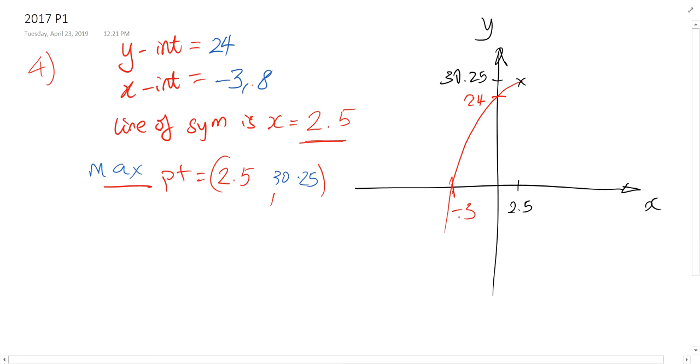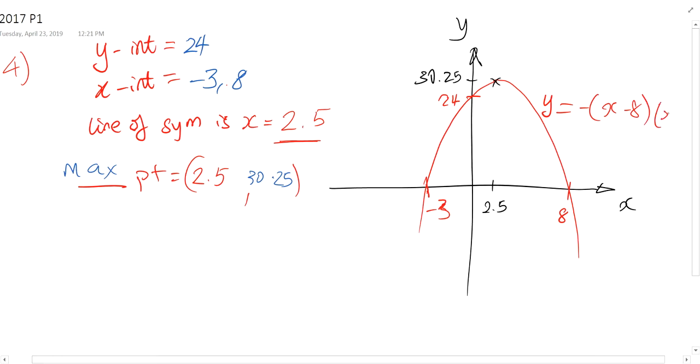Okay, so the other side, draw it as symmetrical as you can. So this must be 8. Then the equation y equals to negative (x minus 8) multiplied by (x plus 3). Okay, so this is the answer.